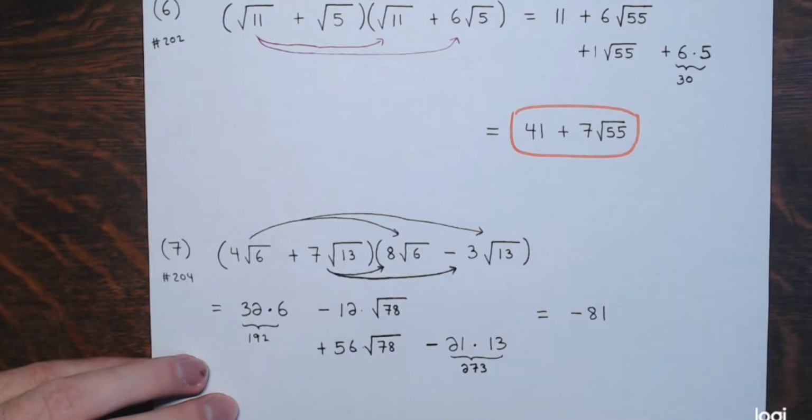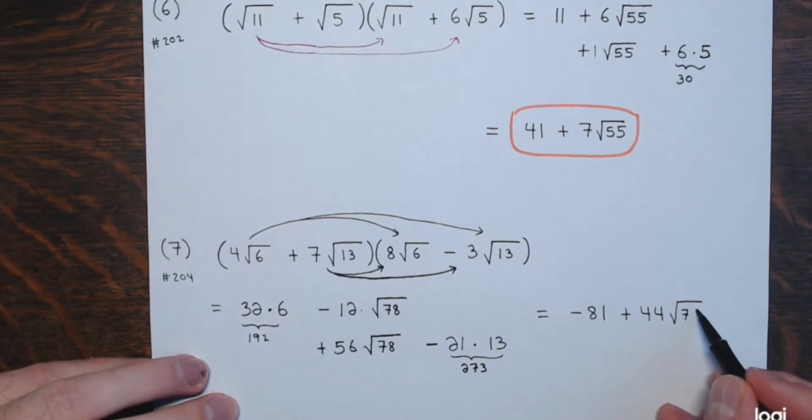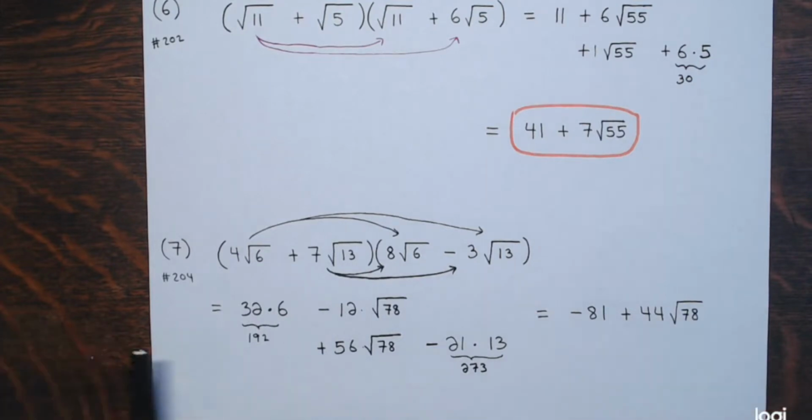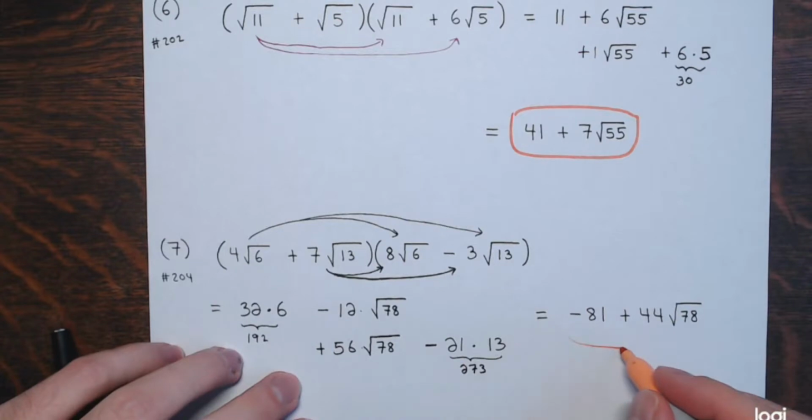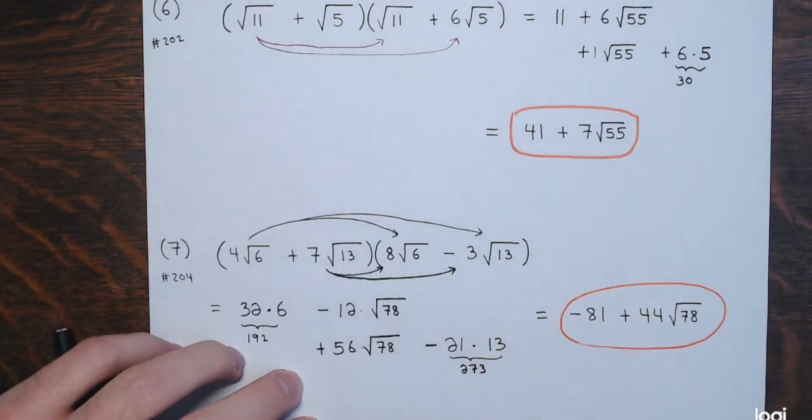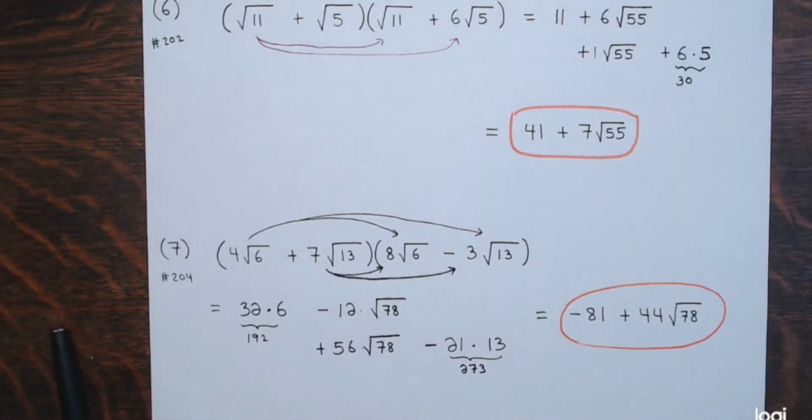All right, positive 44 times the square root of 78. And that's it. These don't go together. One term is radical, one term is not. And again, I leave it to you to double check this on a calculator. See if you get the same value.